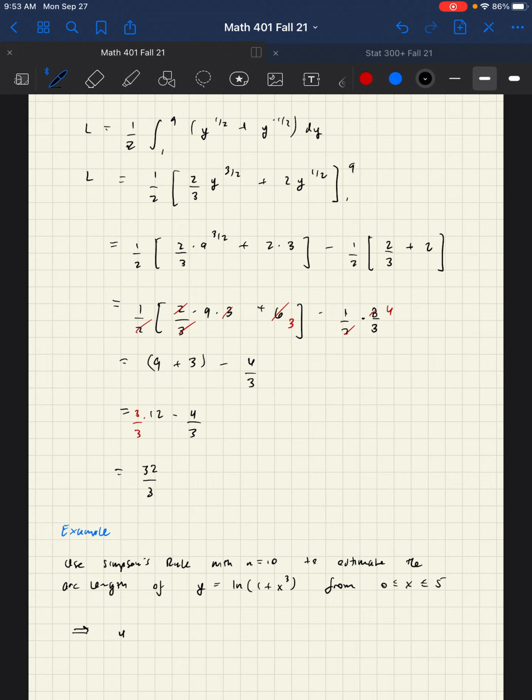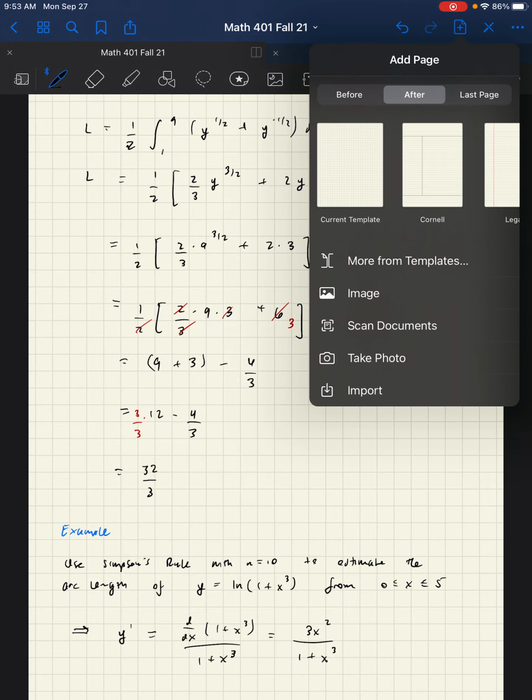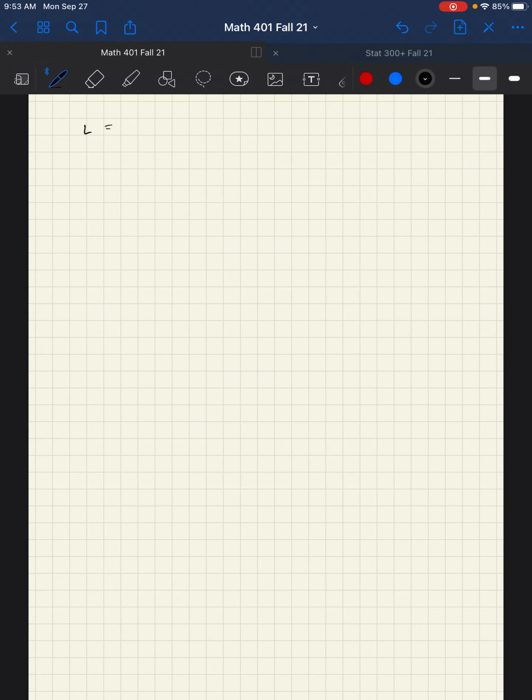What this really means is we would theoretically want to calculate the integral, but we can't here. That's because notice that y prime, or the derivative of f of x, is equal to the derivative of 1 plus x cubed over 1 plus x cubed, which is equal to 3x squared over 1 plus x cubed.